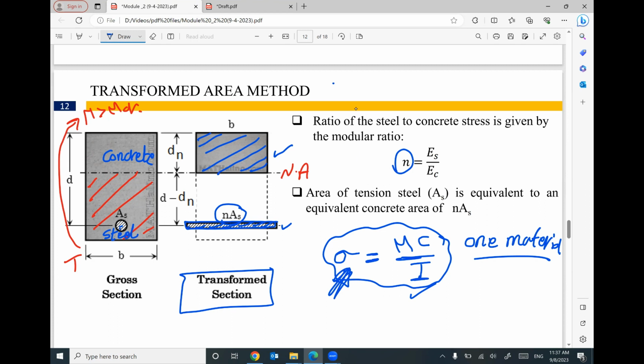Does that make sense? This is why it's called the transformed section method, or transformed area method: we use a value called n, the modular ratio, which equals the modulus of elasticity of steel divided by the modulus of elasticity of concrete.